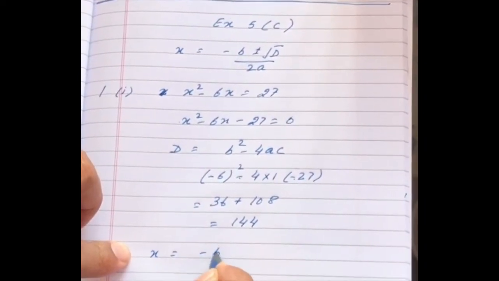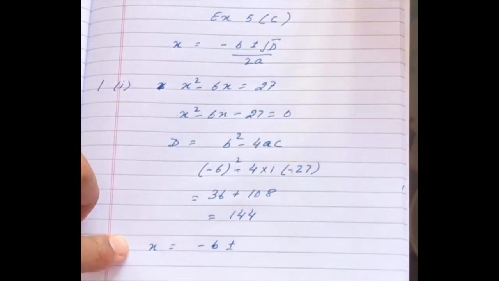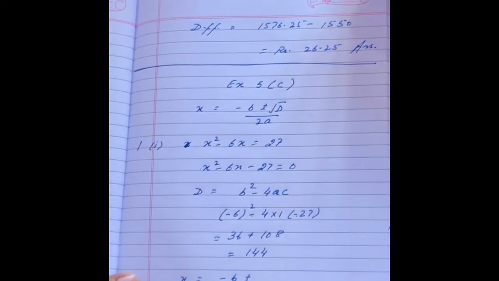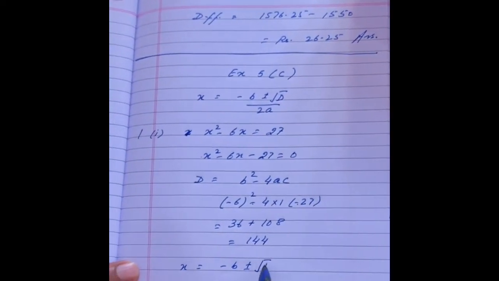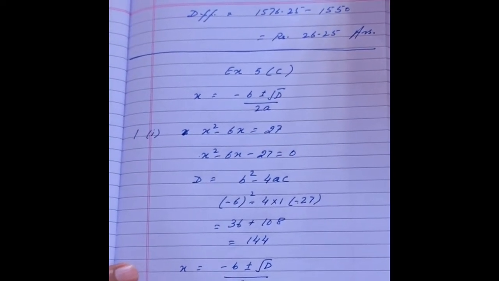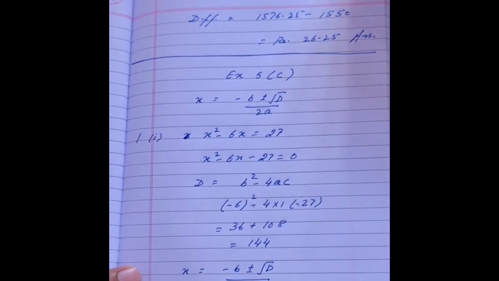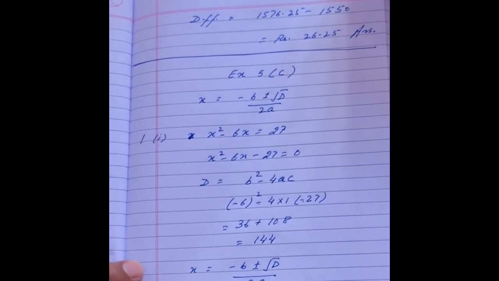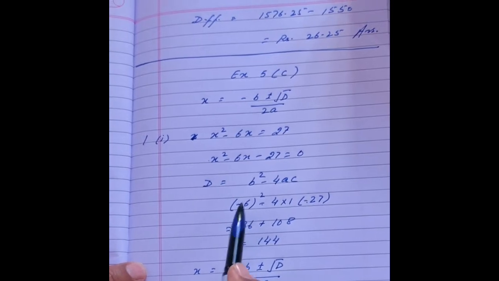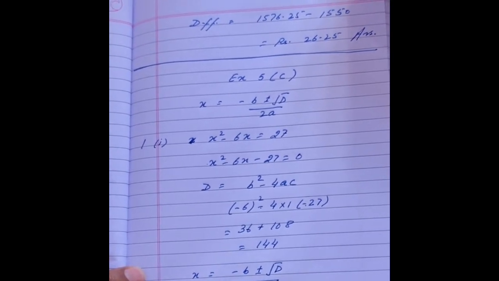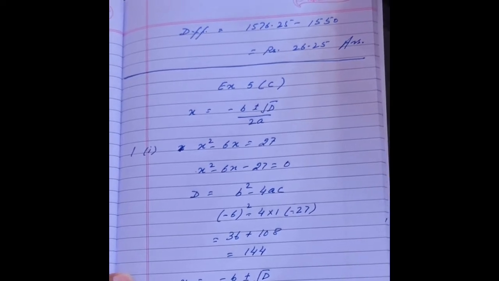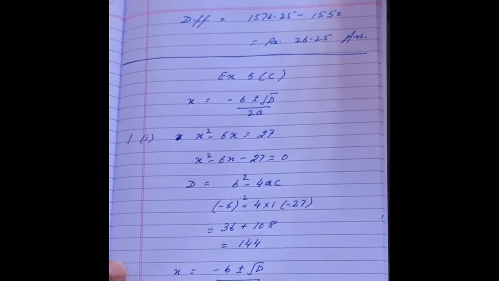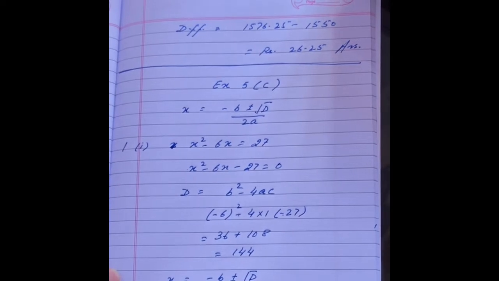So x is minus b plus minus root D upon 2a. Minus the value of b, which is minus 6, D is 144, 2a, a is 1.